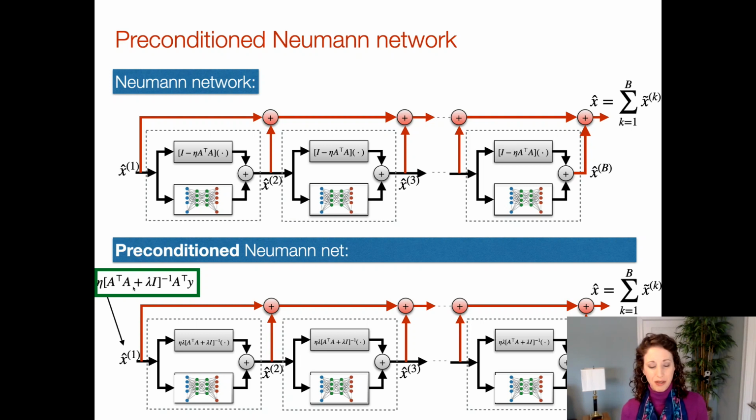And using the mathematics of Neumann series expansions and some other tools, we're able to figure out how we should actually adapt the different blocks within the Neumann network in order to account for the new initialization. And this gives us an additional performance boost.